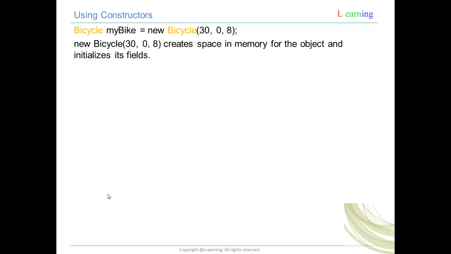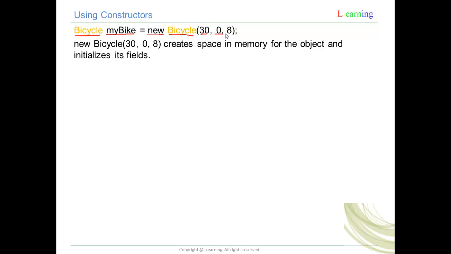How to invoke a constructor, how to use a constructor. A constructor can be used by creating an object. So here we are creating an object called myBike. The type of the object is Bicycle, and we are creating the object by using the new keyword, new Bicycle, and we are passing 3 parameters 30, 0 and 8.